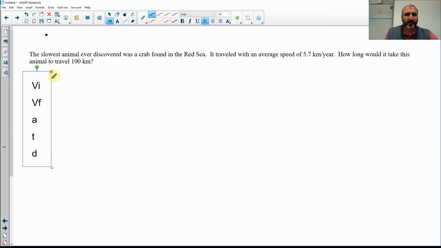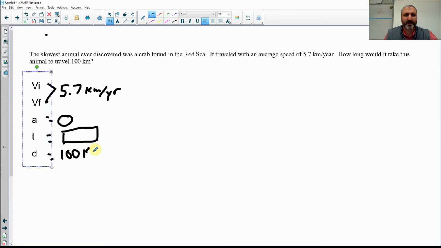We know the velocity, initial and final, because it just tells us the average speed, that it only goes 5.7 kilometers per year. The acceleration is 0. The time is what we're looking for, and we want to know 100 kilometers.